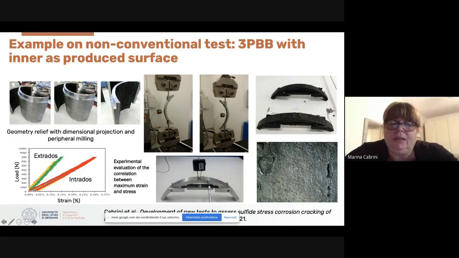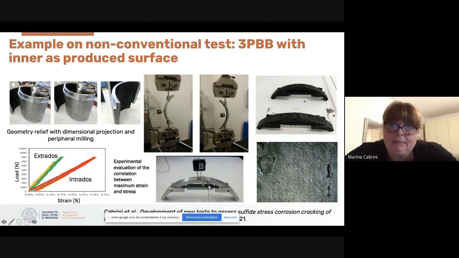Using the extensometer on the external test surface that was machined, it was possible to have the real strain in the inner zone that was interesting to us.